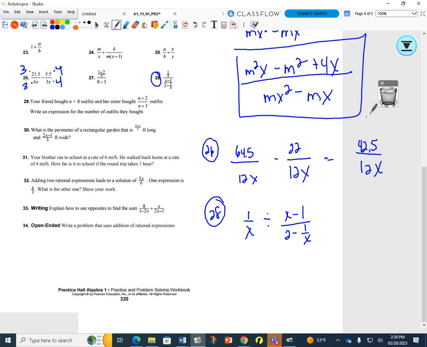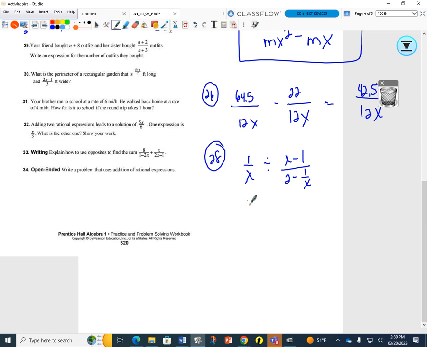There are a couple ways to do this one. I'm going to start by doing the keep, change, flip. So keep, change to multiplication, and flip 2 minus 1 over x over x minus 1.